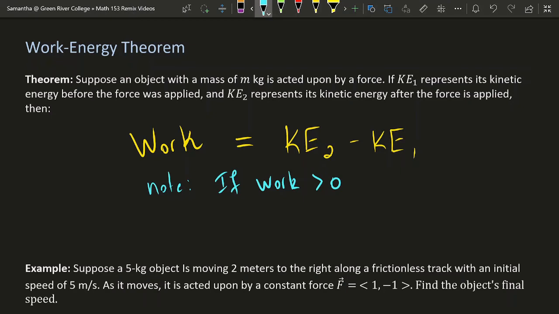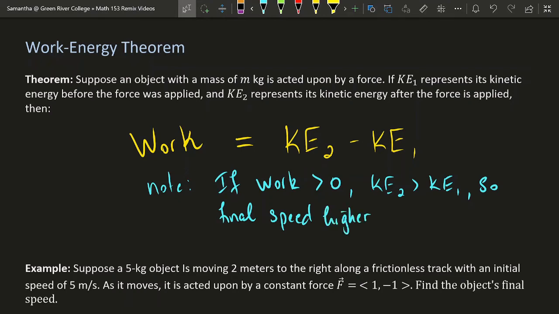The final kinetic energy is larger than the initial kinetic energy, which means that the object is faster at the end than it was at the beginning. Likewise, if the work is negative, then it must be our initial kinetic energy that is larger. So that means that the initial speed was the higher speed and the object slowed down.